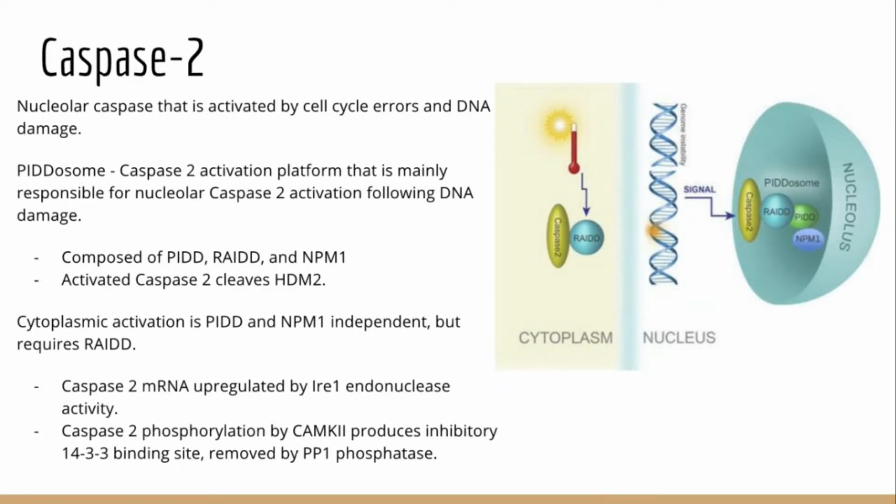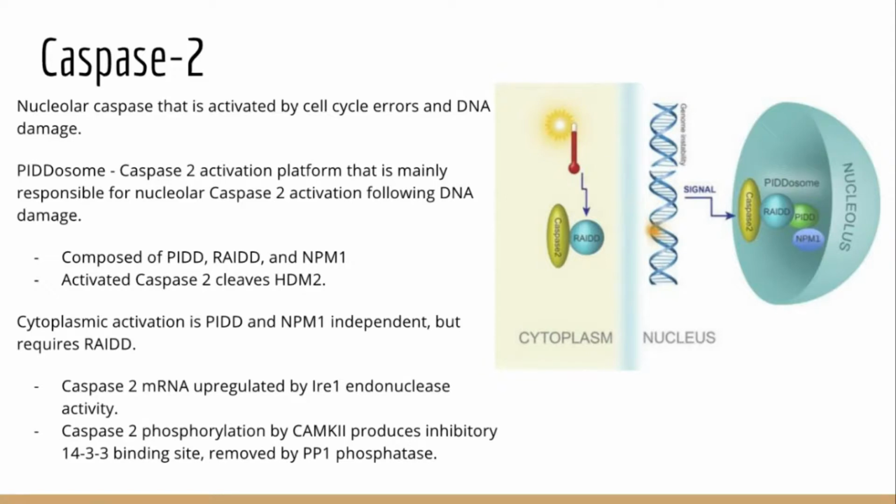So either way, once caspase-2 has been activated by whichever mechanism, it begins cleaving proteins like a normal caspase. But since it's in the nucleolus, one of its main targets is HDM2, or human double minute 2. HDM2 is an E3 ubiquitin ligase that constantly ubiquitinates and degrades p53.